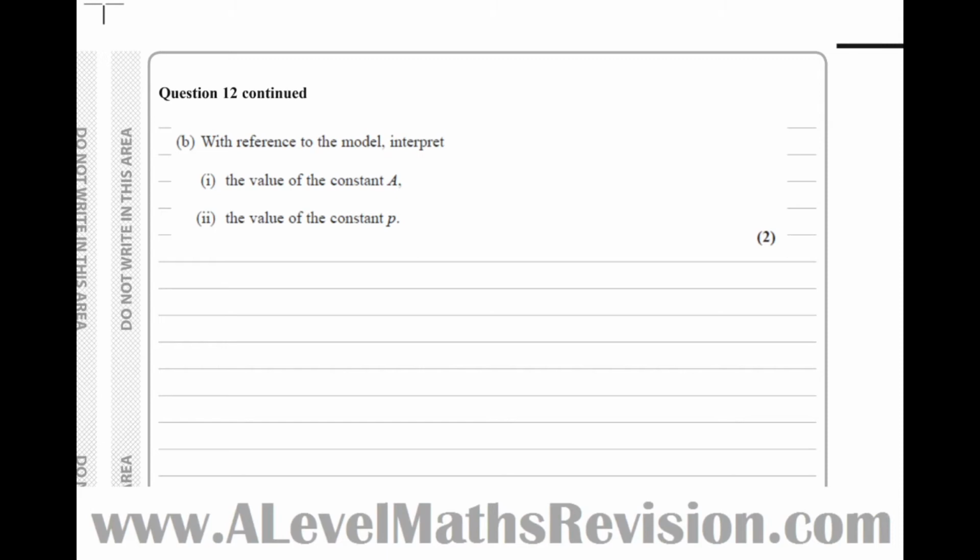Right, the next part, it asks us, with reference to the model, interpret the value of the constant A. Well, the model itself was V equals A, which we just found to be approximately 24,800, times P, which was 1.0658 to the power of T. So the value of the constant A, well, A happens when T equals 0. When T equals 0, this term disappears to give V equals 24,800.